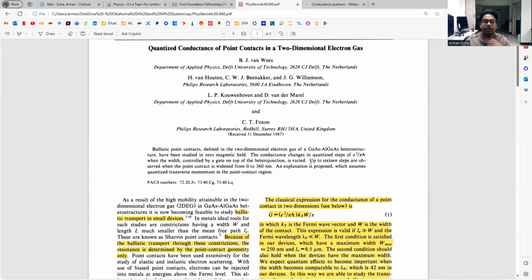They observed 16 steps when they changed the width from 0 to 360 nanometers. And they propose an explanation based on the quantized transverse momentum in the point contact region.